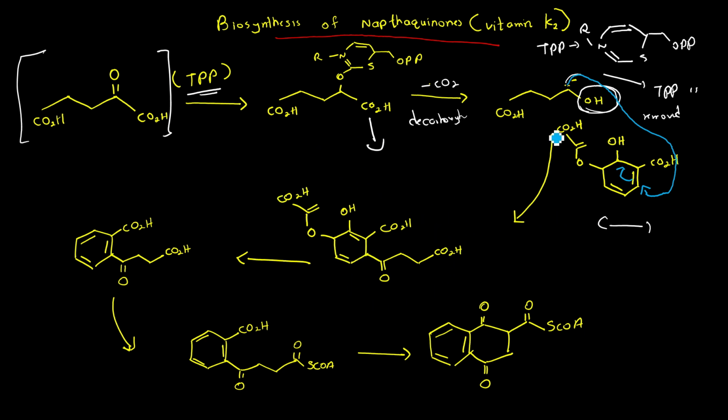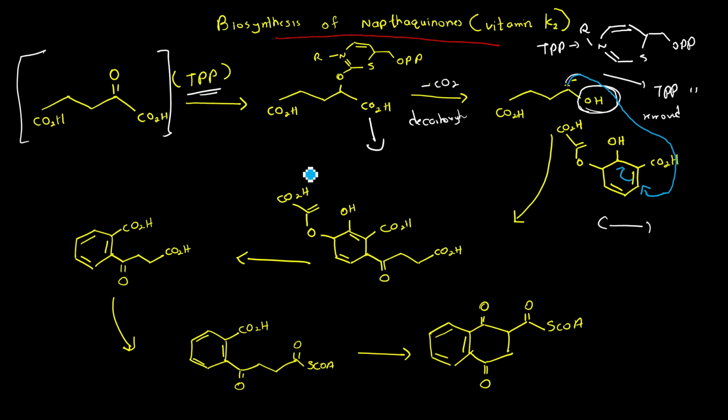This hydroxyl group converts into a carbonyl group again. When this attack happens, this carbon needs another electron, so the oxygen gives another electron to it, and the hydrogen is removed. So we have this carbonyl group.